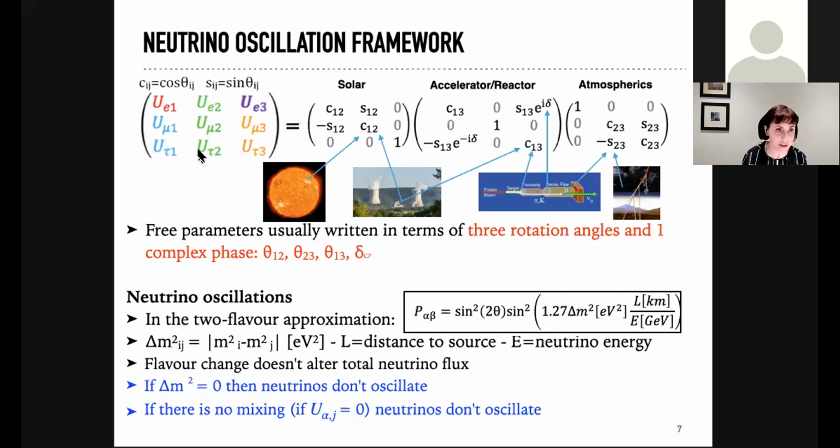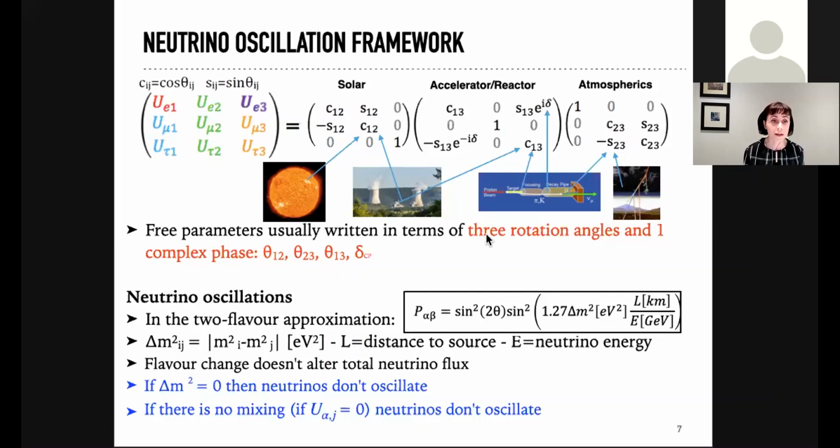Just because it's a unitary 3x3 matrix, we know that the number of free parameters is 3 real parameters and 1 complex phase. The 3 real parameters we call rotation angles. We could have called them another way, but this is just a convention. We call them theta 12, theta 23, theta 13. And the complex phase is the CP violation phase, which we are going to discuss in a moment.